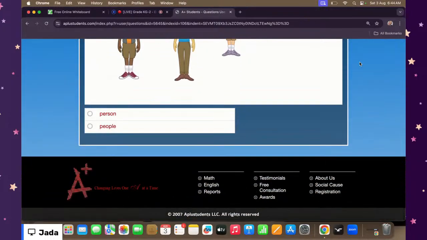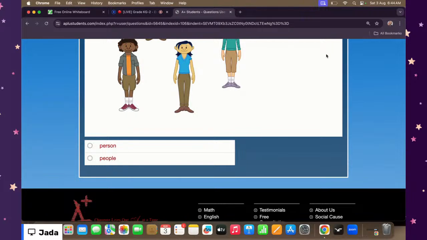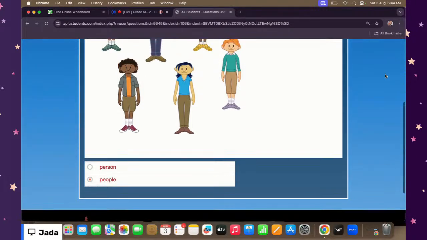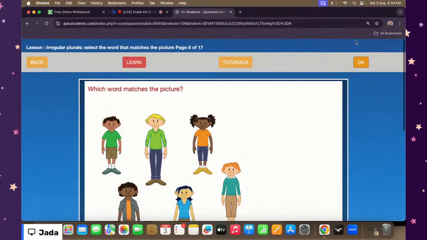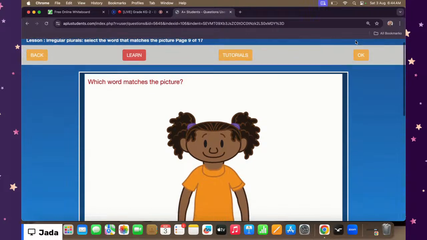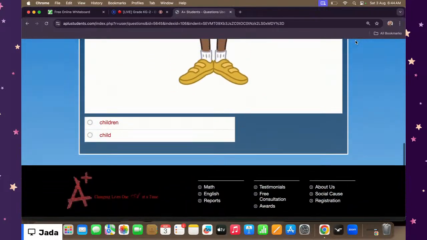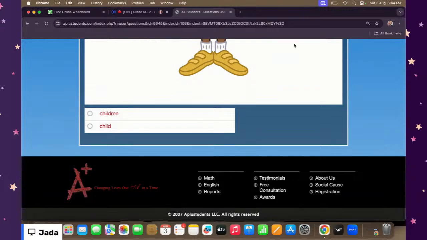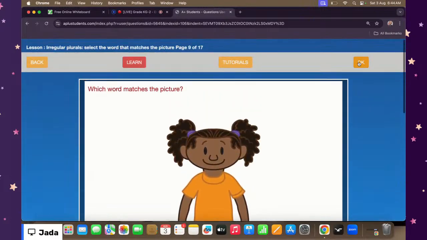We have people. When it's person, it's only one, but we have people. So there are more than one, so you click on people, not person. Now, child. This is child because it is just one.